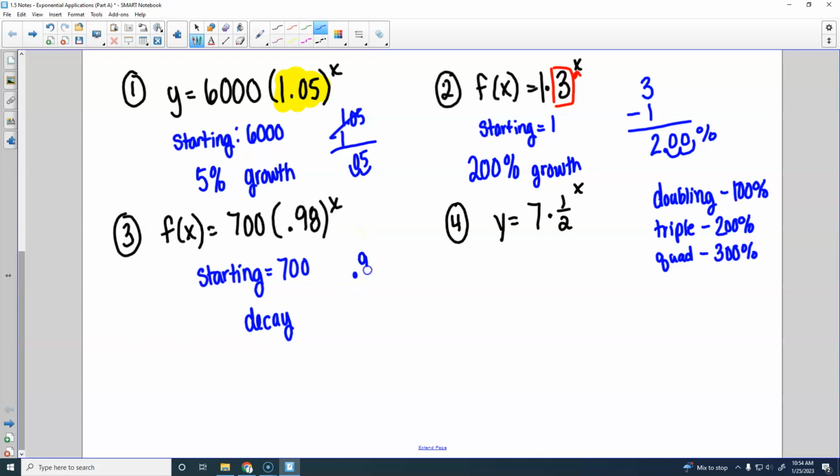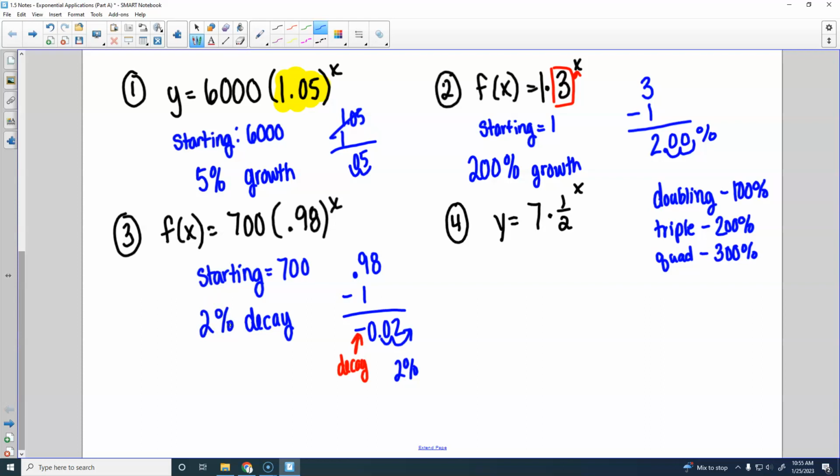Do 0.98, subtract 1. When you do 0.98 minus 1, you're going to get negative 0.02. And this negative right here is telling you that you've got decay. And then your rate, we're going to move that decimal 2 places, we'll get 2%. So we've got 2% decay.